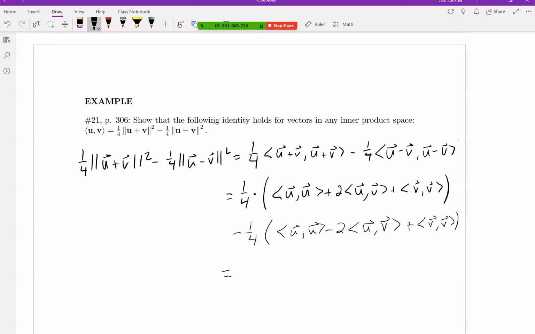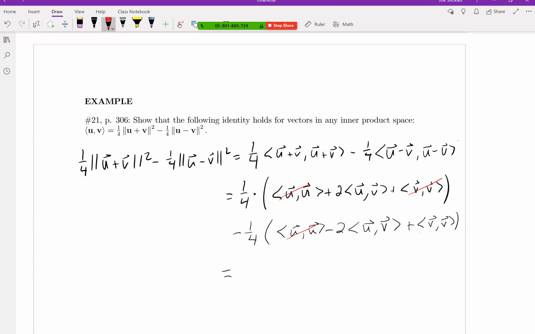And now, just to save a little bit of time, we notice that we've got a 1/4 u inner product with itself. Here you'll get a minus 1/4 u inner product with itself. So those two are going to go away. Same thing is going to happen with the v inner product with itself, because you've got a 1/4 v inner product with itself and a minus 1/4 v inner product with itself.